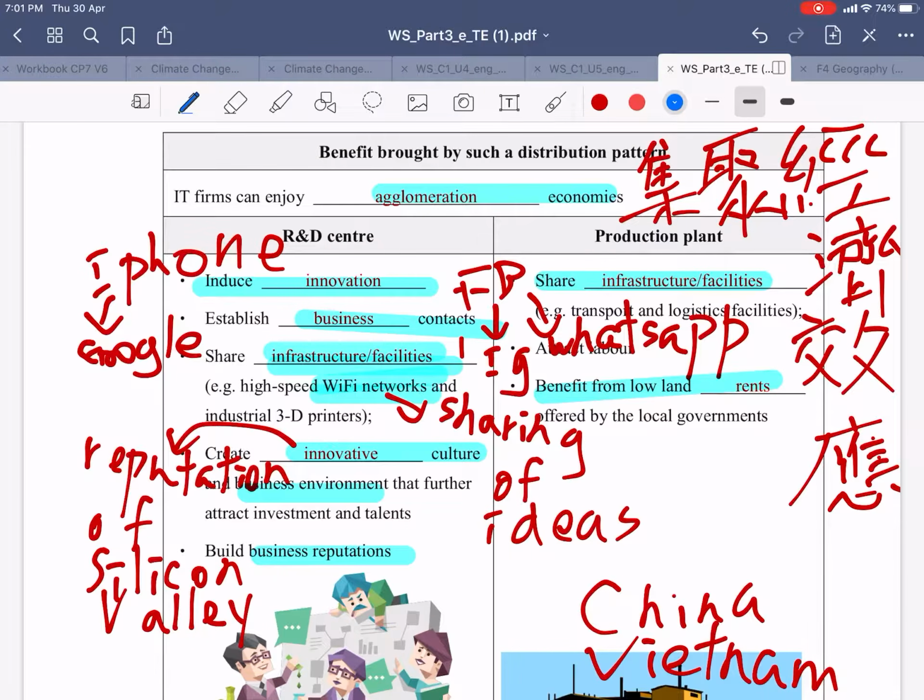One company just does a very tiny part of the process. For example, Apple's iPhone is just doing the research and development, and the making of the iPhone goes to Foxconn, 富士康, and they are very specialized. So agglomeration is more important than for iron and steel.